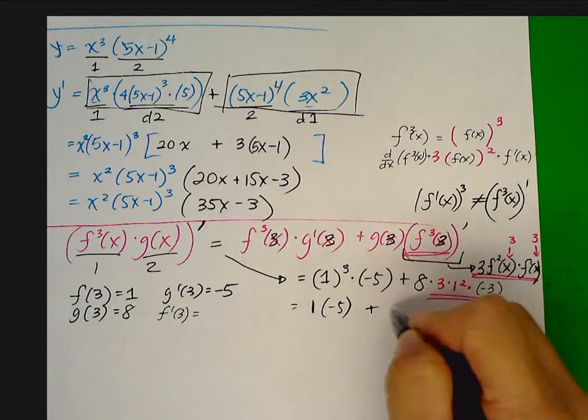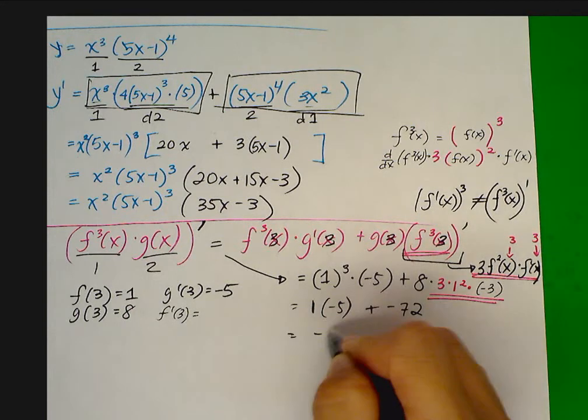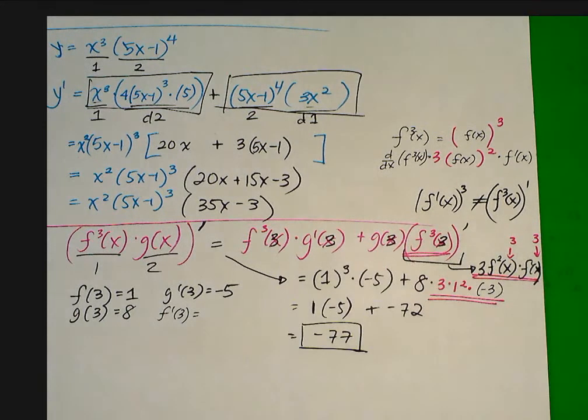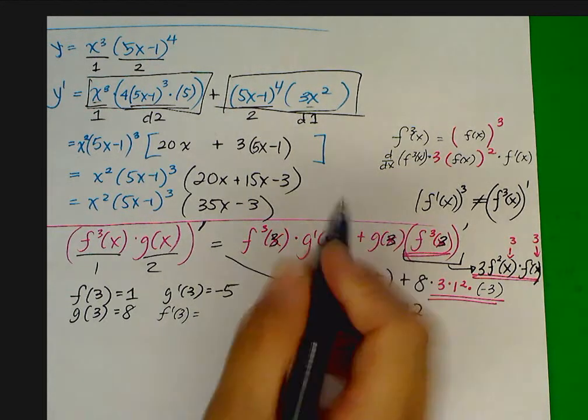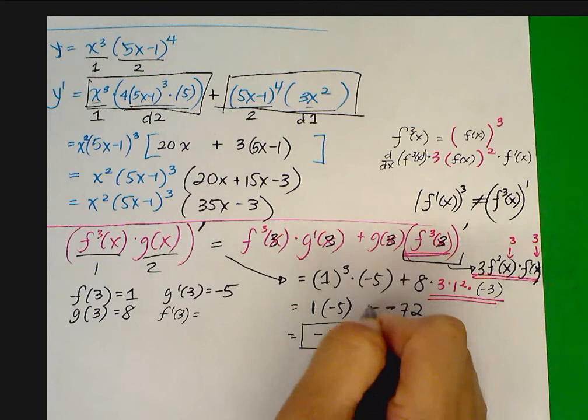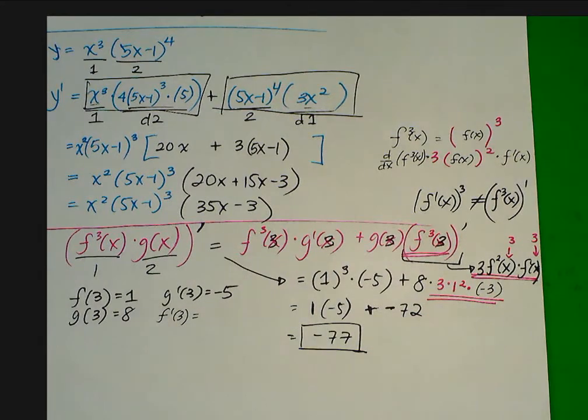Negative 72, which is negative 77. Is that the answer? Isn't it negative 9? Yeah. That's why it's negative. Oh. That's the answer, right? I think you guys need a minute to process that, huh? Yeah. Okay, so take a minute or 2 to process that.